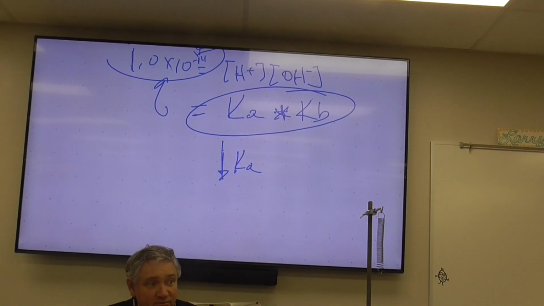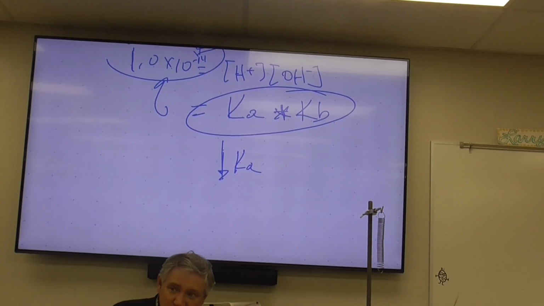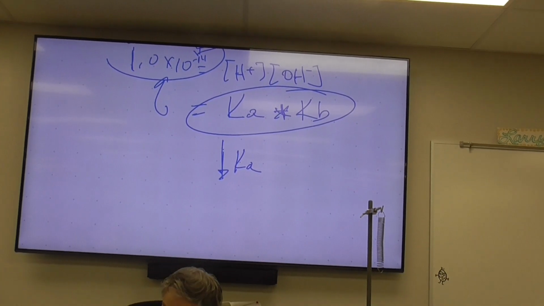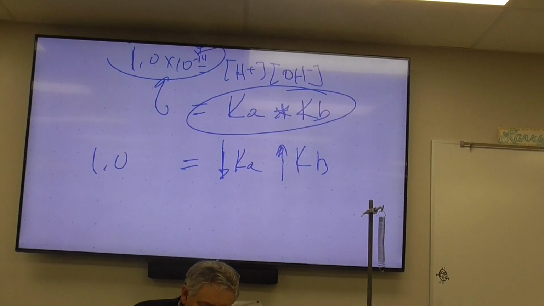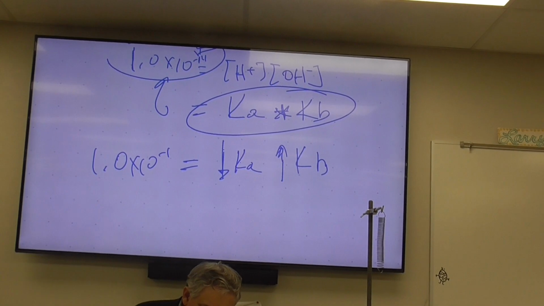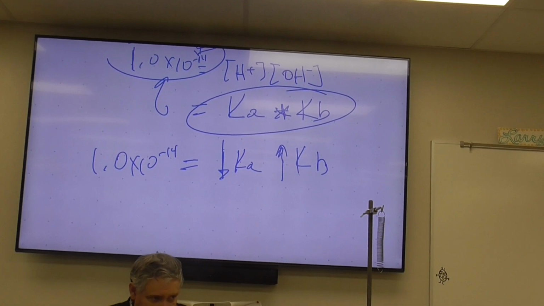So you're comparing two acids. One of them has a really, really small Ka value. What does that mean about its Kb value? Big. Yes. It's going to be really big, because the two numbers multiply together to equal 1 times 10 to the negative 14th.